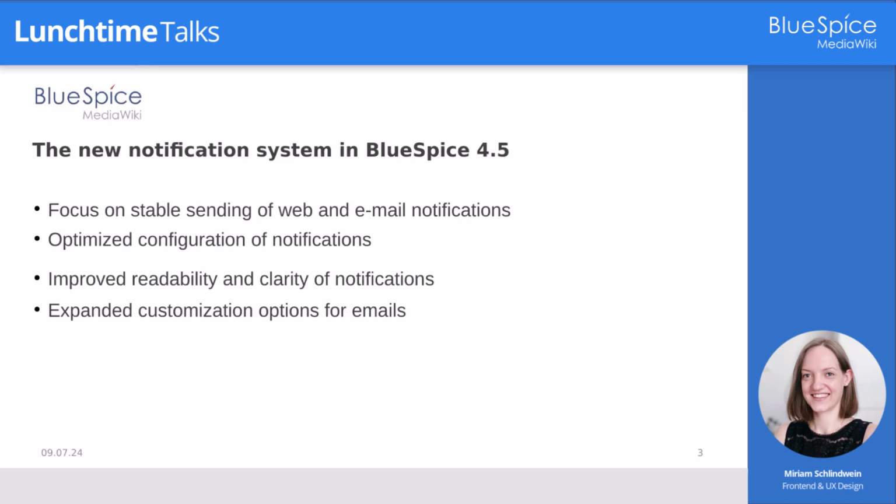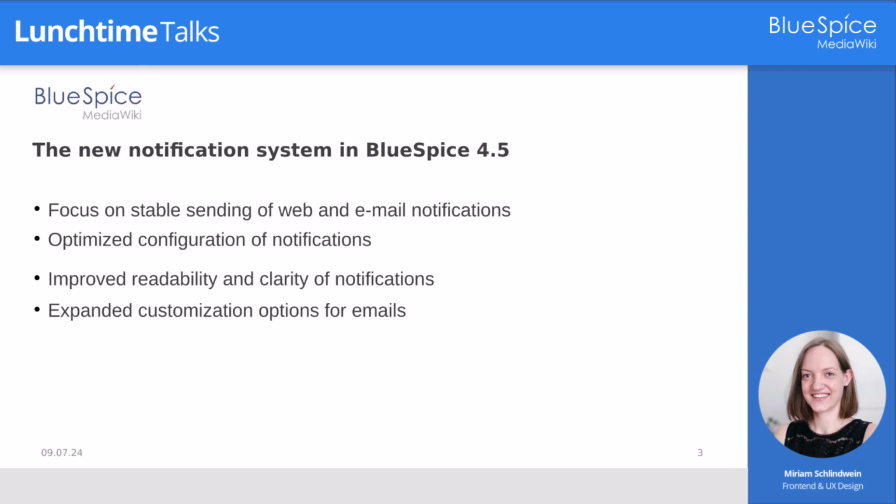Also, with our own extension for notifications, we can change where it appears in the wiki and how it looks, and therefore we could increase the readability of the text messages, for example, for notifications, and also how you can configure it.